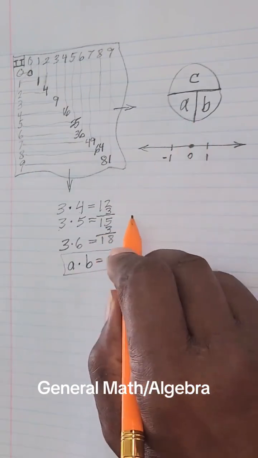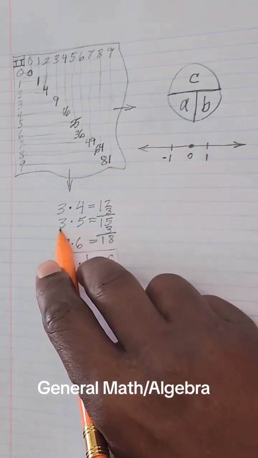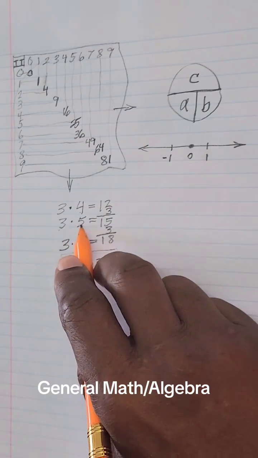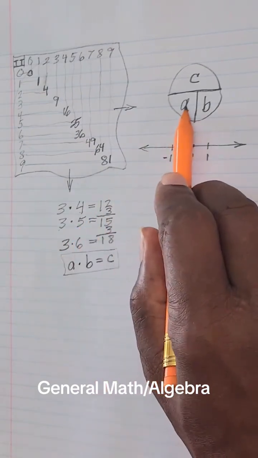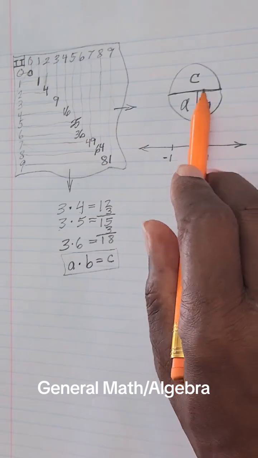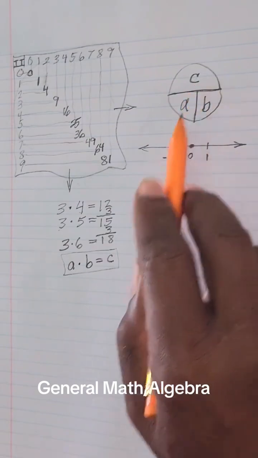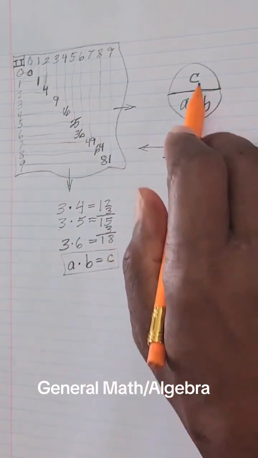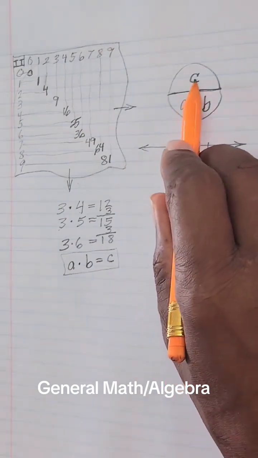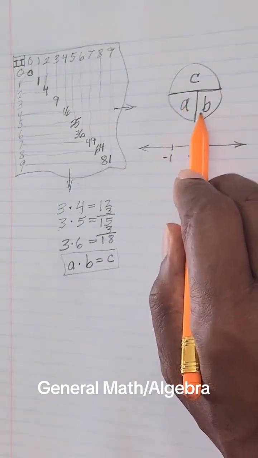For example, in this case, 3 and 5 would be here, and what would come out here is 15. So the nutshell would look like 15, 3, and 5.